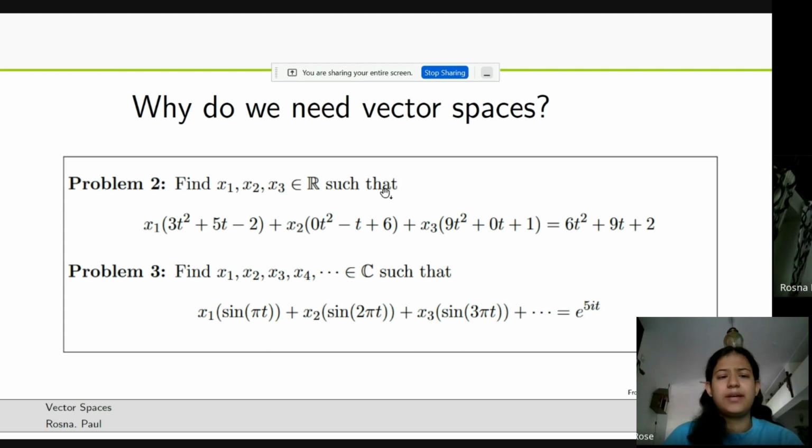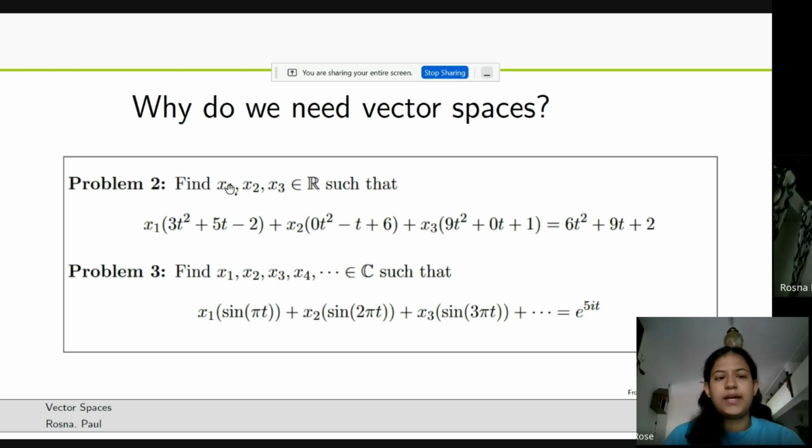Here also we have some variables like x1, x2, x3. Here the x1 is multiplied not with a matrix as such, but with a polynomial. So you multiply x1 with some sort of polynomial of degree 2, x2 with another polynomial, and x3 with another polynomial, such that their sum is equal to some other polynomial.